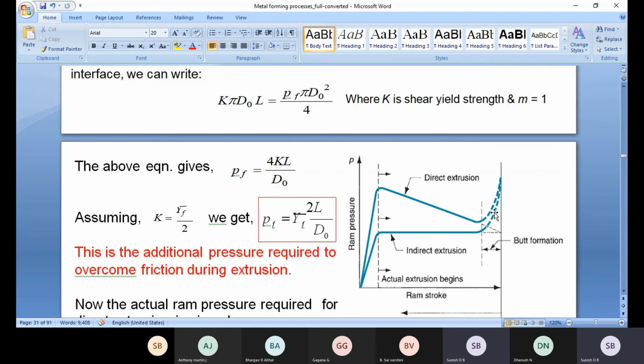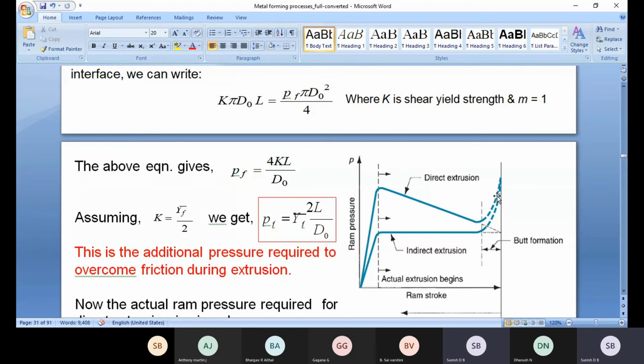At that time, in both direct as well as indirect extrusion process, this much force is required to compress that butt material. Butt material means a small amount of material remaining inside the container. That material is called butt material, and that particular stroke is called butt formation.